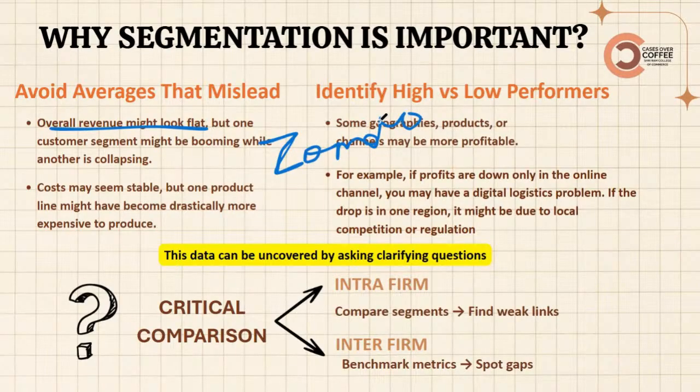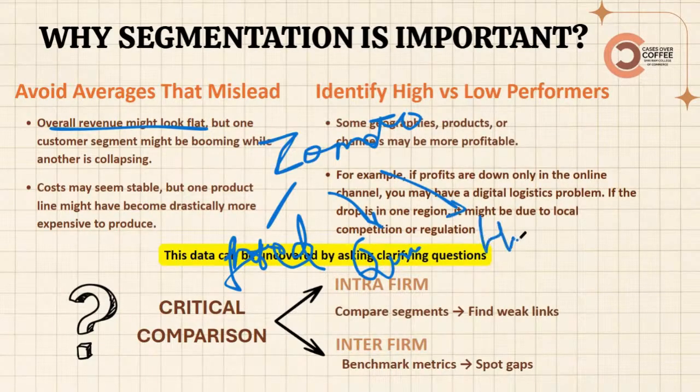Let's say Zomato has three businesses, and they are into the food delivery business. Then they are into quick commerce. Then they also have the hyper. Now what happened?